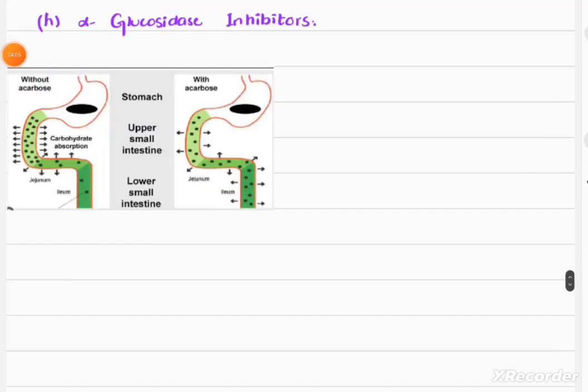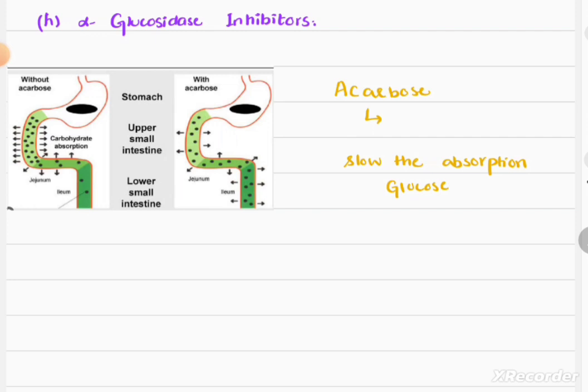The next class is alpha glucosidase inhibitors, and the drug in this class is acarbose. It's a very interesting drug, and its mechanism of action is that it will slow the absorption of glucose from the intestine, which means the glucose will not be absorbed, and this is how it controls glycemia.